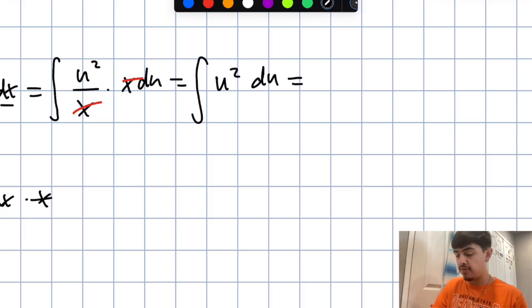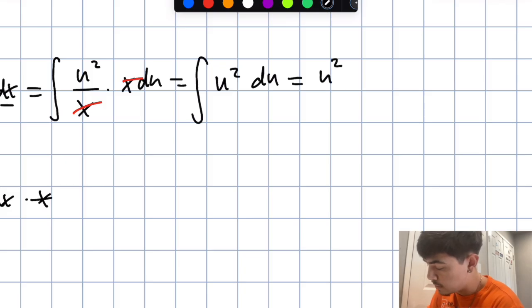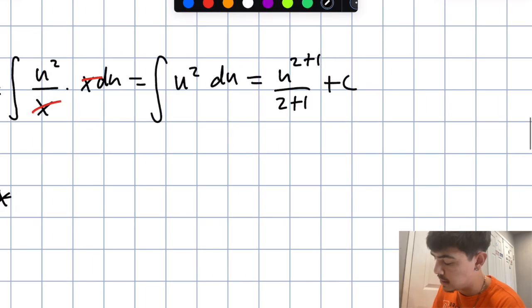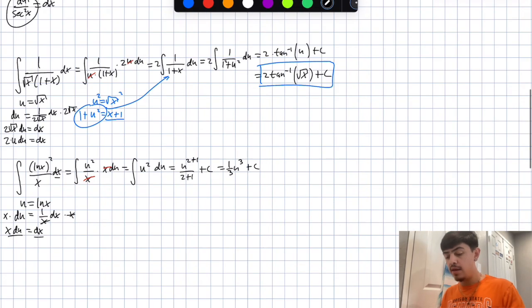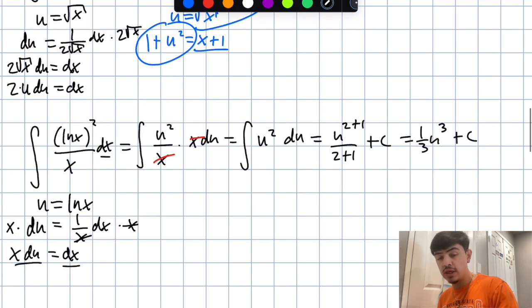We have the form of x to some n, right? So we can just add 1 to the power and divide by that new power plus c, giving us 1/3 u to the third. Done, right? That integral looked pretty tricky at first, but look, very simple.